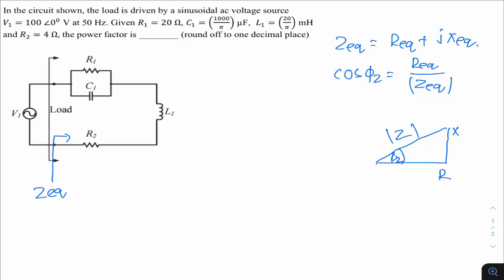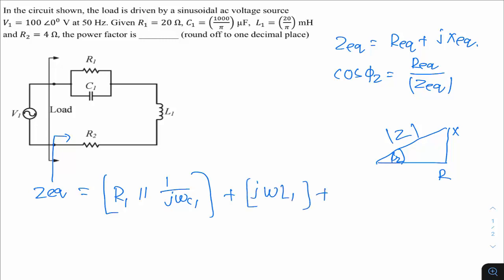So what is Z equivalent? Z equivalent happens to be R1 plus 1 by j omega C1. Not plus, actually these are in parallel, right? So sorry, this is R1 parallel with 1 by j omega C1. This is in series with the inductor, so you get here j omega L1, and this is in series with the resistor, which is R2.